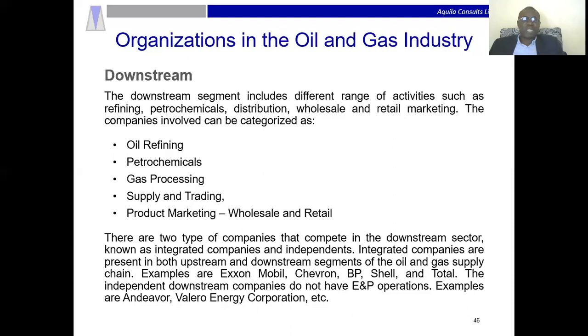Now, for the companies in the downstream, these provide services which include refining, petrochemical, distribution, wholesale, and retail marketing. So basically the companies involved in oil refining, petrochemicals, gas processing, supply and trading, and product marketing, both wholesale and retail, are known as downstream companies. So you have the integrated companies, and you also have pure downstream companies here.